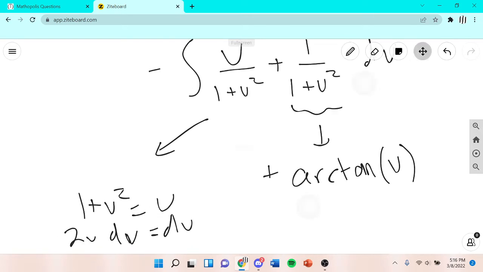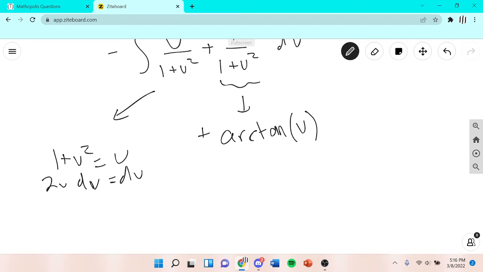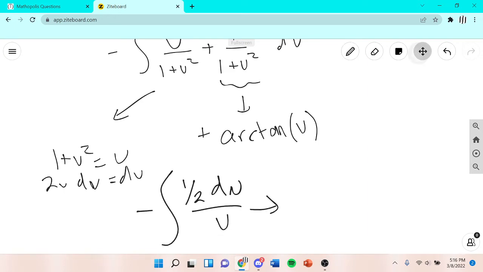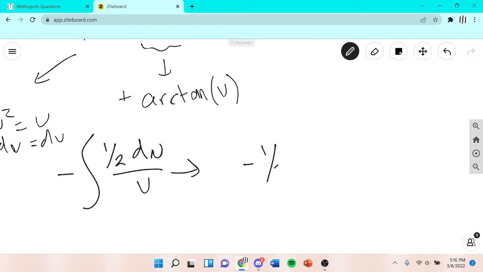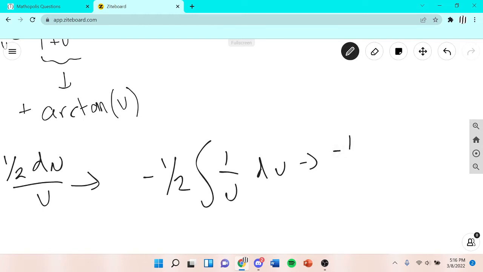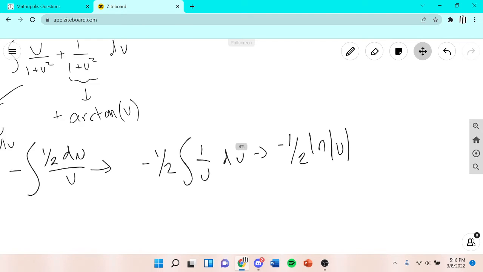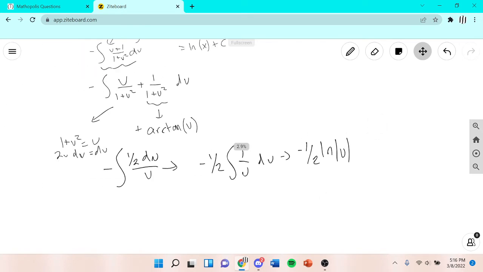So we're going to say that half of du over u, so we're going to find the integral of this, that's just going to be half of the integral of 1 over u du, and that's just going to equal half times ln of u. And like I said in the beginning, we don't really consider the c here, and we know that u is 1 plus v squared, so I'm going to say it's half ln of 1 plus v squared.